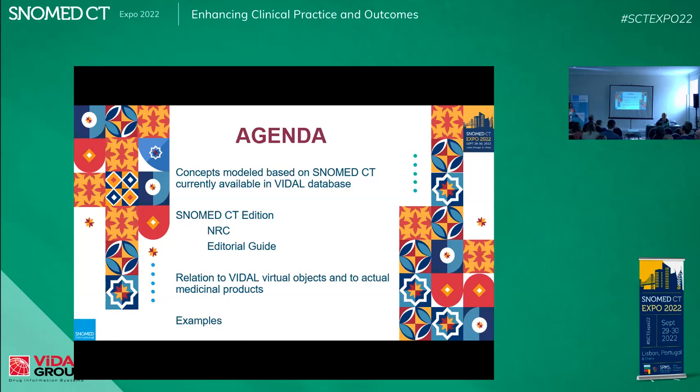For each one of these three countries, I will be talking about the concepts modeled based on SNOMED CT that are currently available in VIDAL database, and I will mention in which SNOMED CT extension or edition they are published, which editorial guides they follow, and how they are related to VIDAL virtual objects.